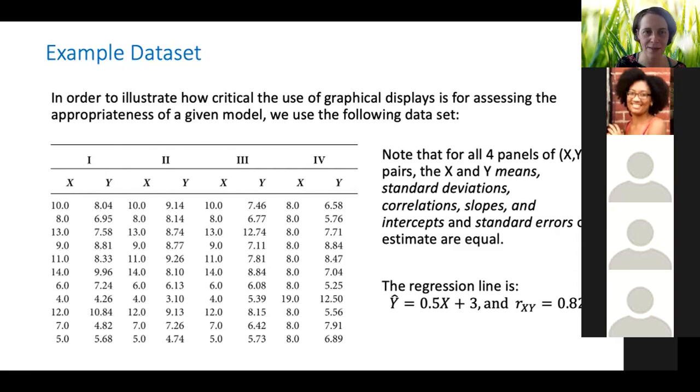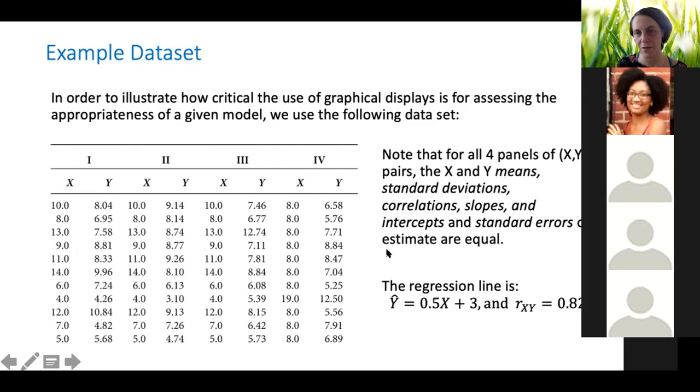So you have these XY pairs and they have all identical means. Not necessarily X and Y, but for each pair, all the axes have the same mean, the same standard deviation. X and Y always have the same correlation. So the fitted models for predicting Y from X for all these different panels have the same slopes, the same intercepts, the same standard errors.